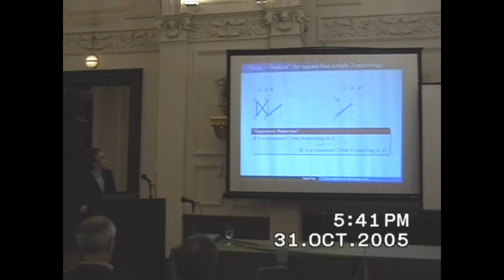And now, in G prime there will be no edge between the merged nodes. This is, by definition, I put no edge there.